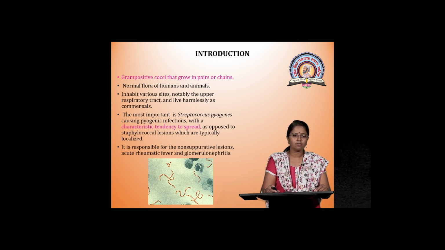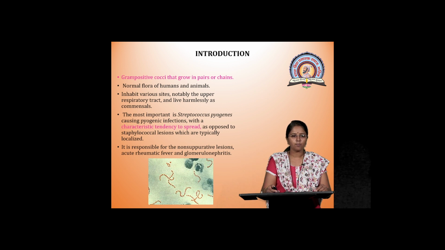The lesions of Streptococcus pyogenes are spreading in nature, as opposed to staphylococcal lesions. Staphylococcal lesions, we know, are localized lesions. So if we compare the lesions from Streptococcus pyogenes and staphylococci, in case of Streptococcus pyogenes the lesions are spreading, and in case of staphylococci, the lesions are localized.